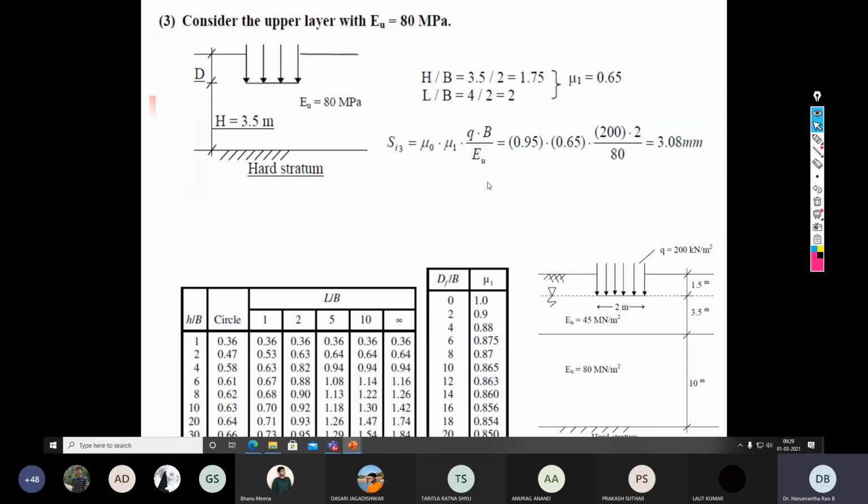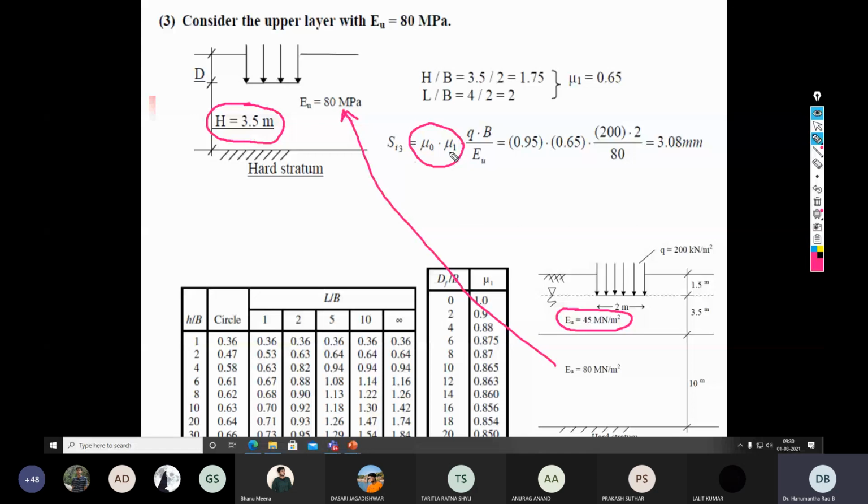So then this is the third step. In the third step, what I have done is I have again taken the thickness of the layer as 3.5 meter, but instead of EU as 45 megapascals, I have considered EU as 80 megapascals. So for 3.5 meter, there will not be any change in the values of mu naught and mu 1, because this step is a repetition of step 1.